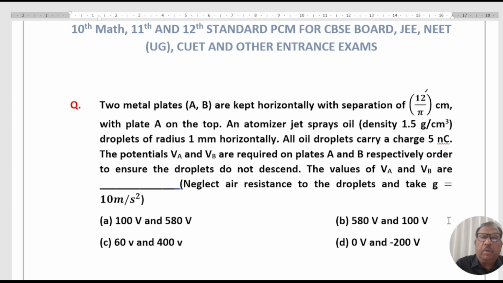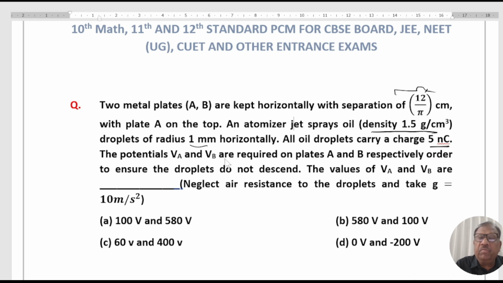Next question. Two metal plates A and B are kept horizontally with a separation of 12 by 5 centimeter, with plate A on the top. An atomic jet sprays oil of given density, droplets of radius 1 mm, horizontally. All droplets carry a charge of 5 nanocoulomb.